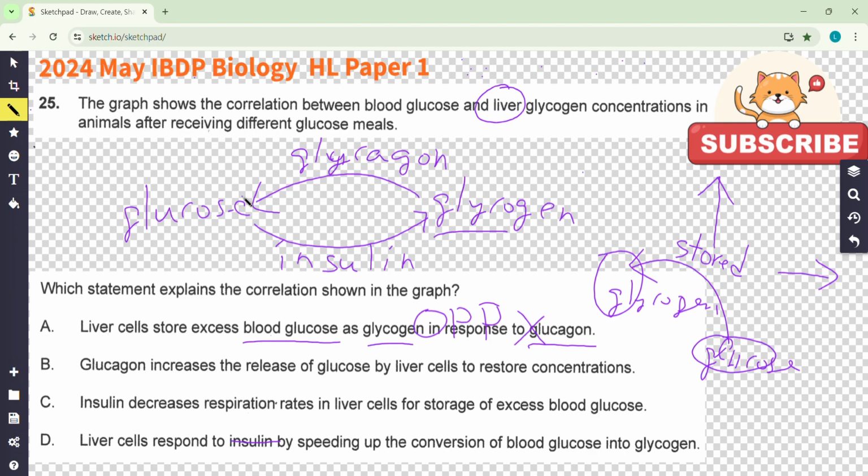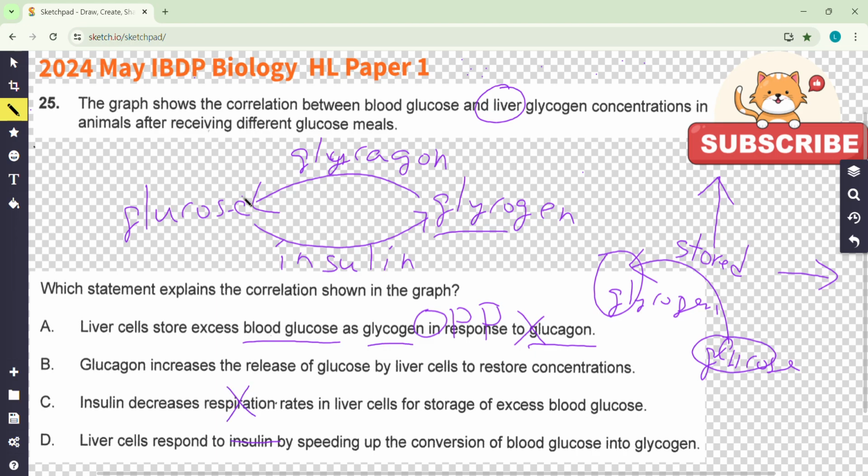Okay. Next one. Glucagon increases the release of glucose by liver cell to restore the concentration. Oh, it seems that it's quite right. Think about it. Okay. Next one. Insulin decreases the respiration rate in liver cell for storage of excess blood glucose.